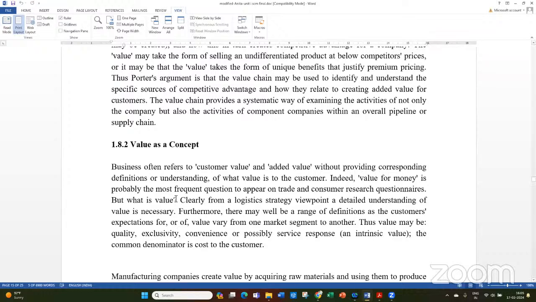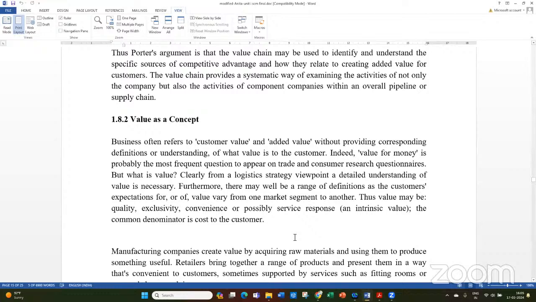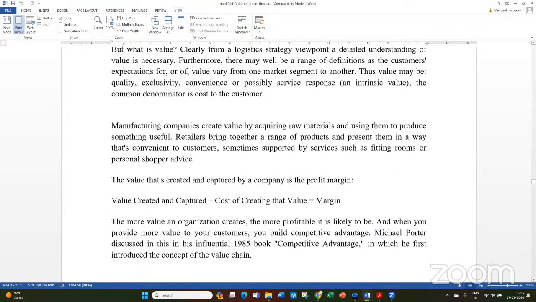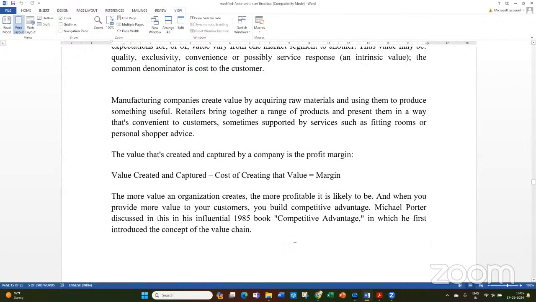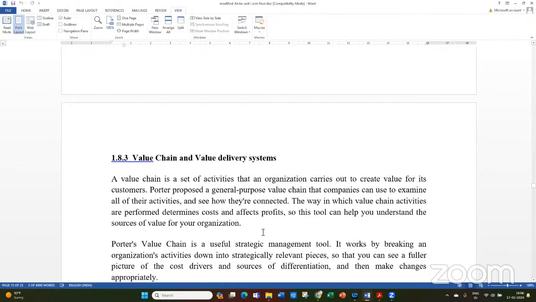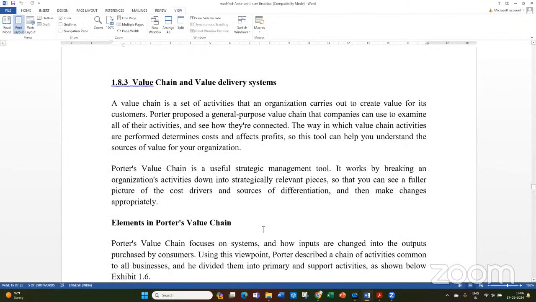Probably most people ask the question in questions. The value is clearly from the and value is from the supply chain point of view, you understand. And you see that more in the supply chain, so raw materials to finish this, and then things happen.